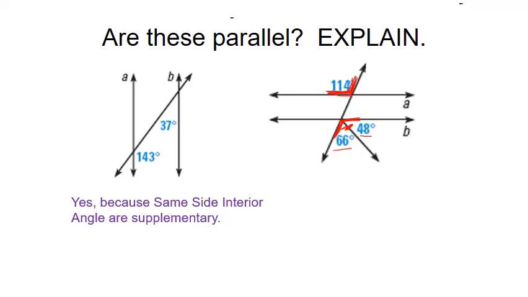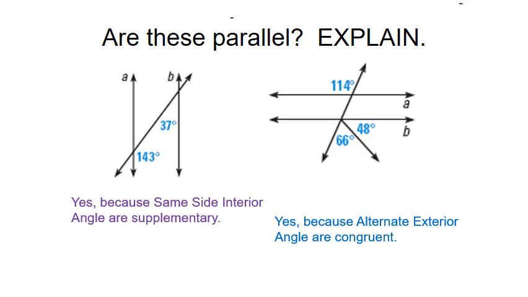So let's check and add 66 plus 48 to see if it is in fact 114. 6 plus 8 is 14, 6 plus 1 is 7, plus another 4 is 11. So indeed they are both equal to 114 degrees. That means that our lines A and B are parallel because of alternate exterior angles being congruent.